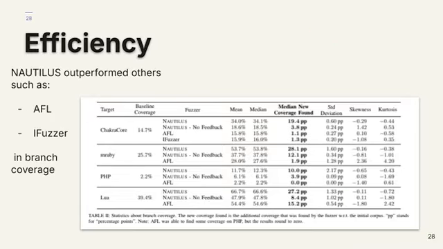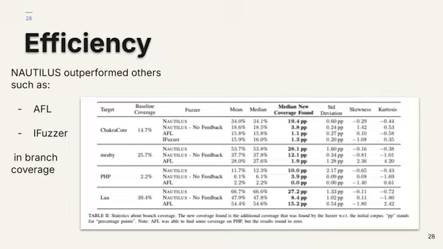When comparing Nautilus to other competitive fuzzers, such as AFL and iFuzzer, Nautilus showed superior branch coverage. As an example, in PHP, Nautilus found 10 percentage points of additional coverage compared to AFL.